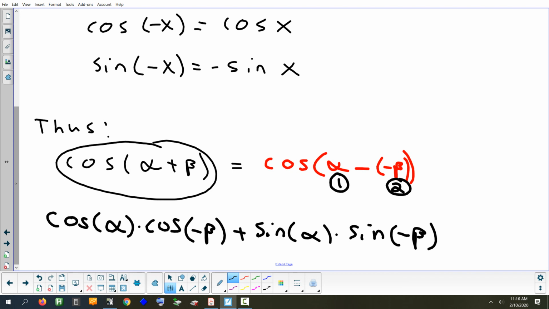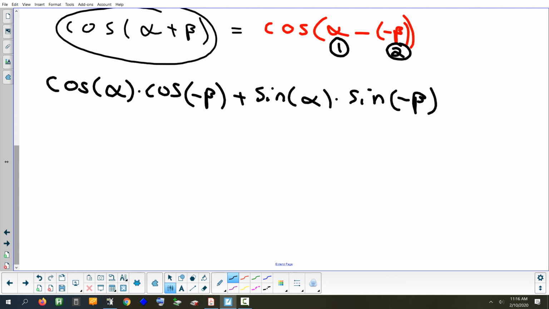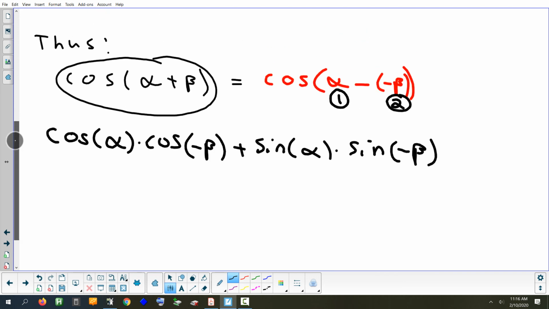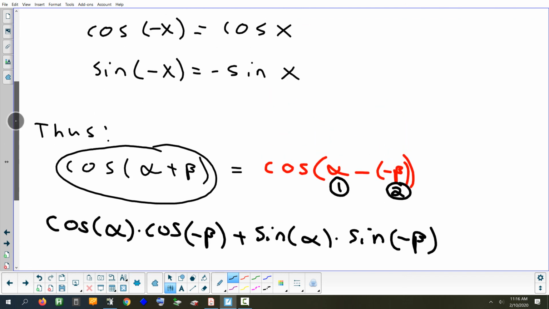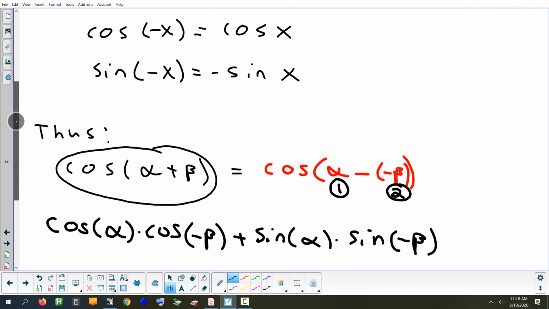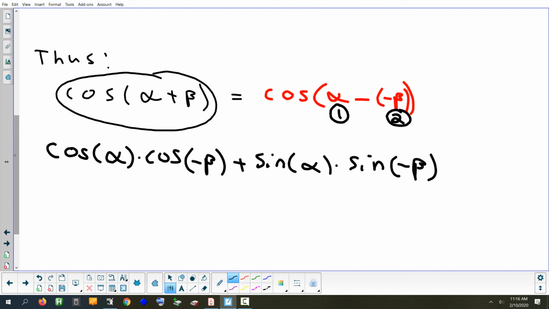So in the first term, cosine alpha, cosine negative beta, what can I do to simplify that a little bit? Invert to cosine. Right. The negative in front of the beta does not make a difference because I didn't prove it to you, but I showed it to you with an example. So we can just write cosine alpha, cosine beta.